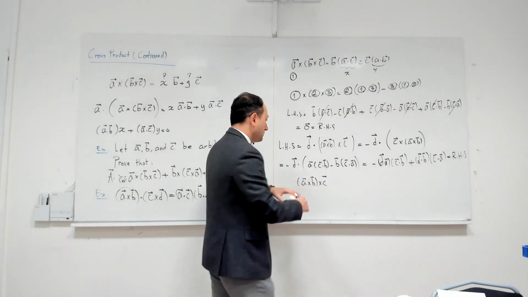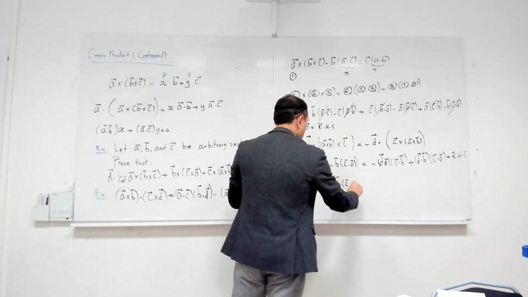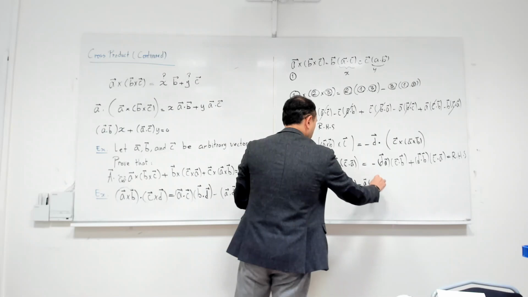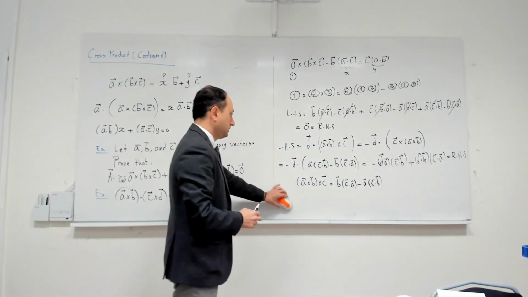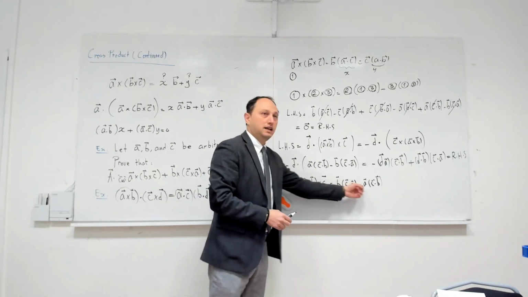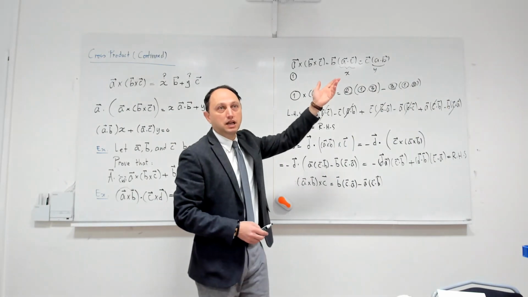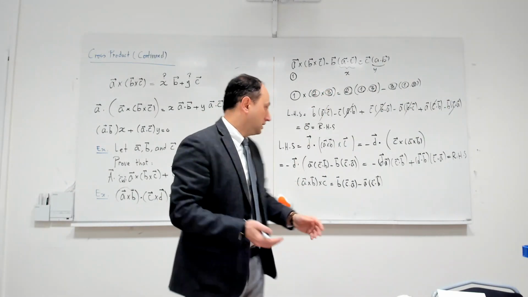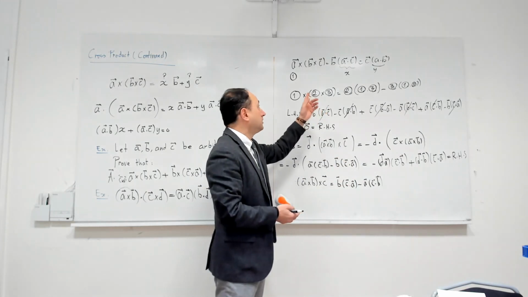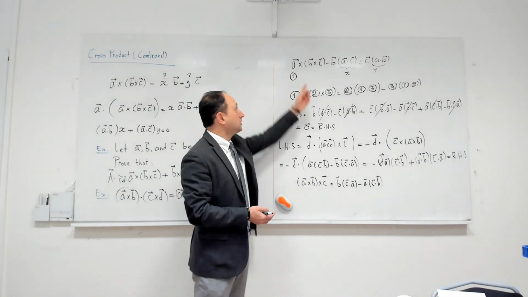So this becomes B, C dot A minus A, C dot B. Yes? And now you see that this one lives in the plane of B and A, but that one lives in the plane of B and C. And in general, the plane for B and A could be different from the plane for B and C. So it is clear that in general, this one is not equal to that one.